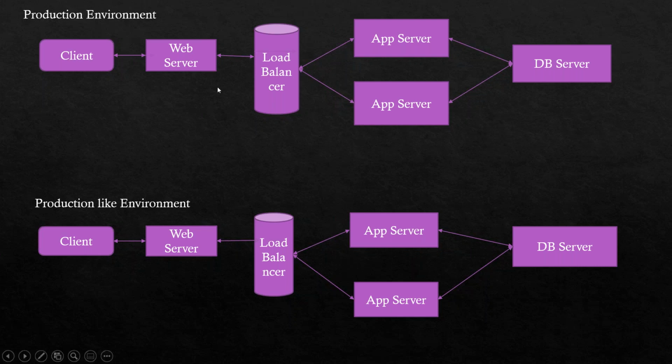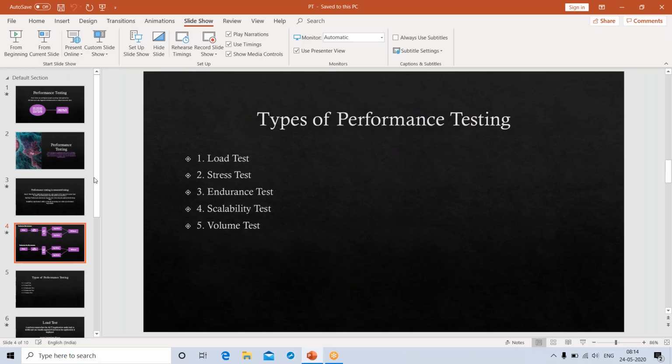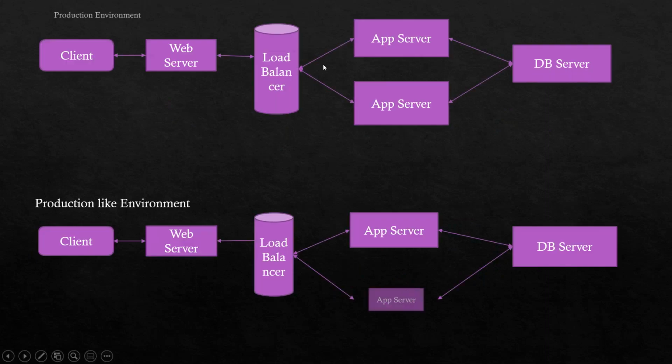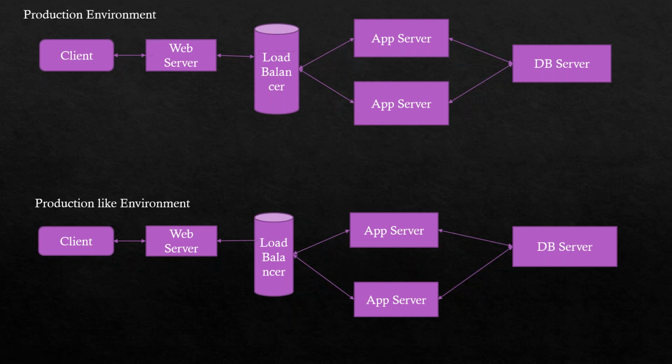For example, in production there are two app servers and one load balancer. But in a manual or functional testing environment, there need not be two app servers; there could be only one app server, or no load balancer at all. The request from the web server will go directly to the app server.